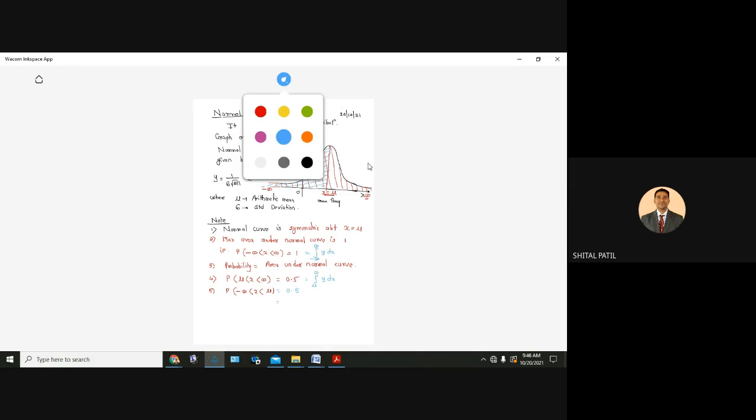How to find this area? Integration from minus infinity up to mu of y dx. Area is the integration, and we understood what the different areas are. Hope this is clear. So we can proceed to a new question.